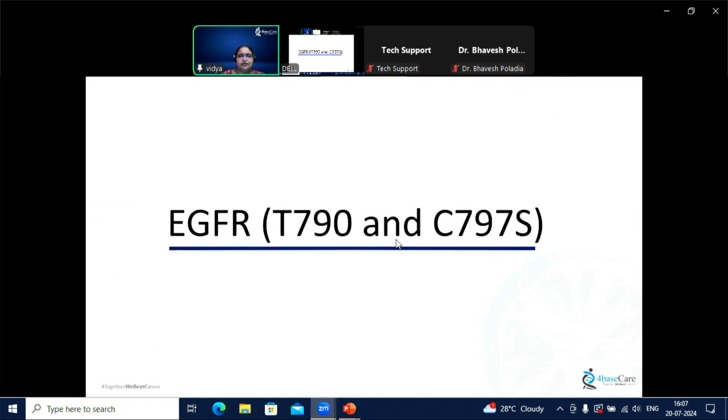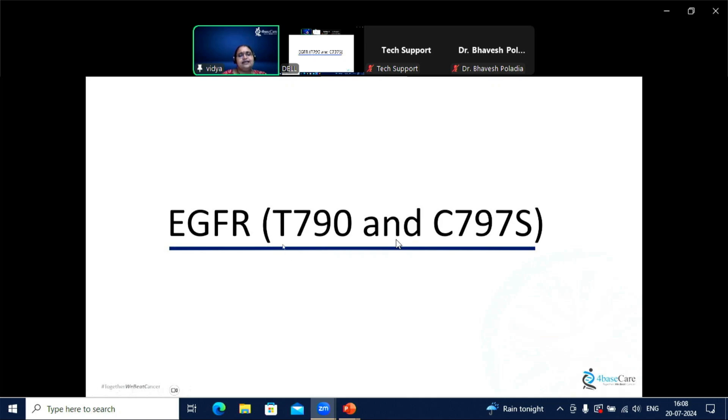It is full screen mode. So one of the classical examples where the importance of compound mutations and cis and trans in a given mutation becomes an important factor in any clinical decision is the codon 790 T790M and the 797S in non-small cell lung cancer.